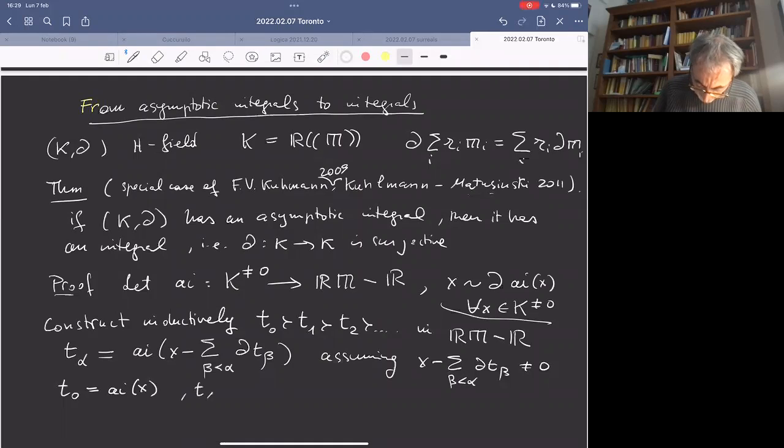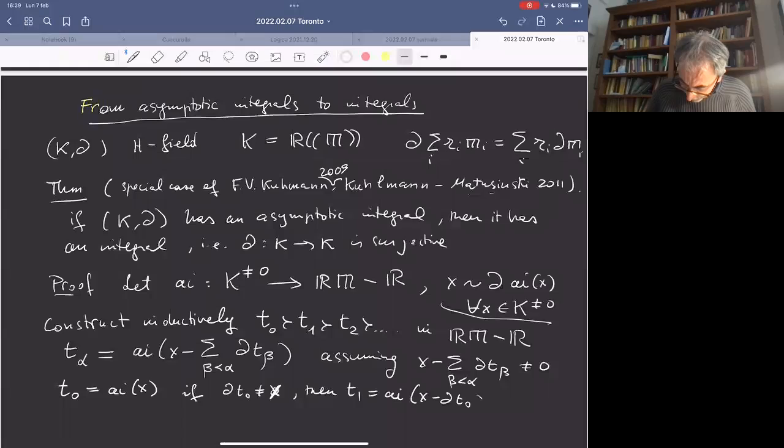And T1, if the derivative of T0 is different from x, then T1 is the asymptotic integral of x minus the derivative of T0, etc. So you cannot continue forever for all the ordinals.